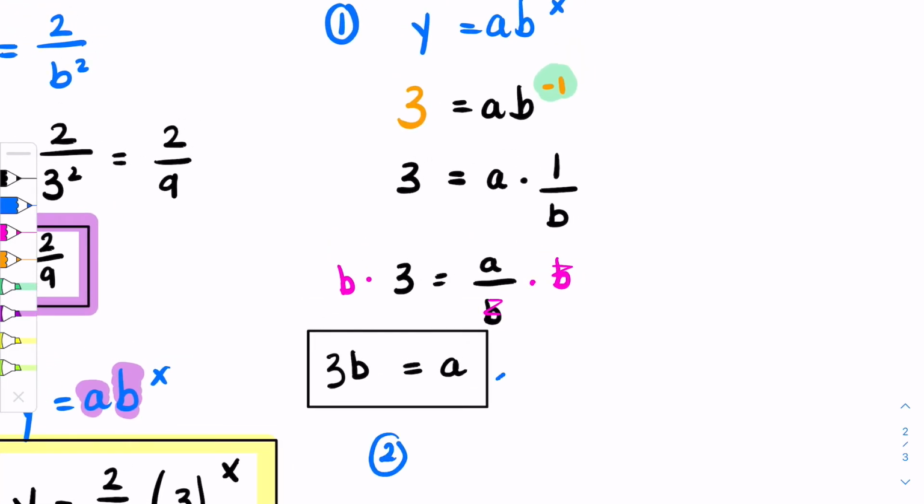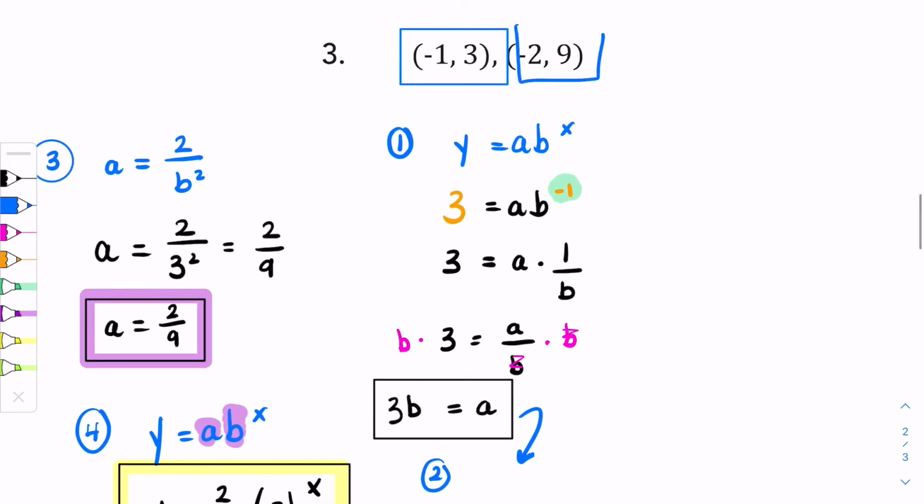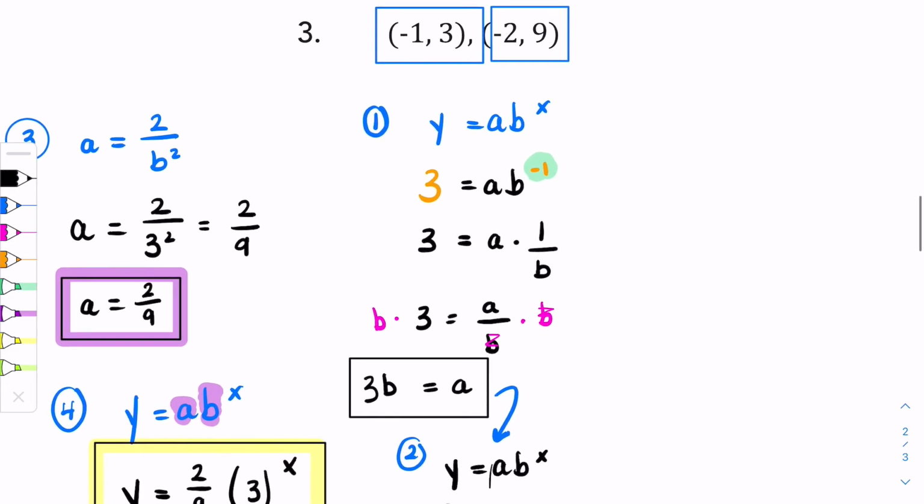Step 2 is to take our value of a found in step 1 and also use the second point of (-2, 9) and solve in the original formula again. I'm going to be replacing y with 9. I'm replacing a with 3 times b.